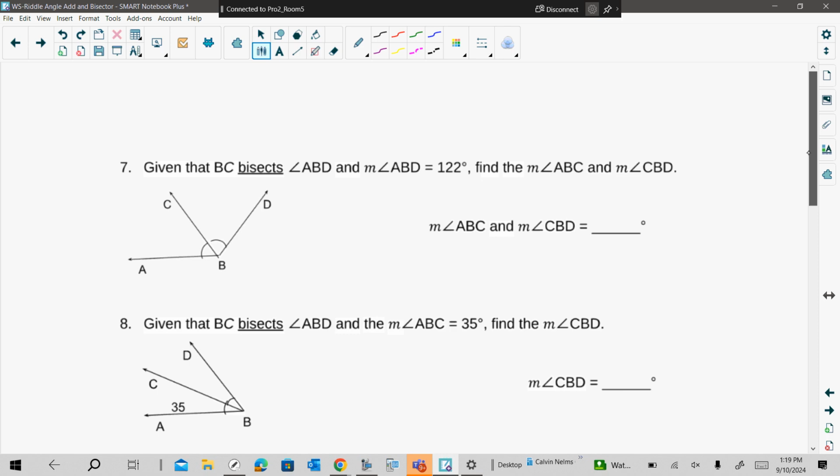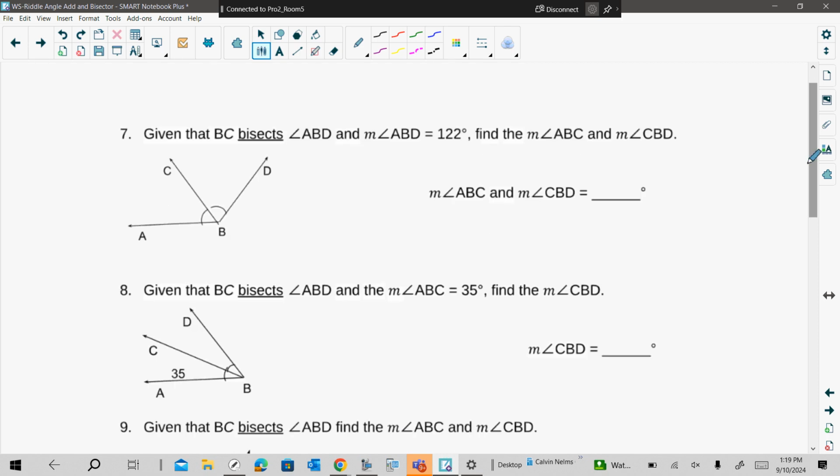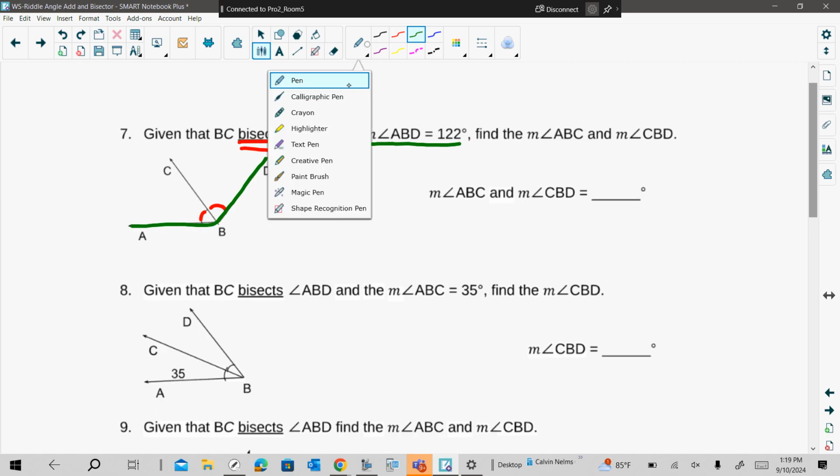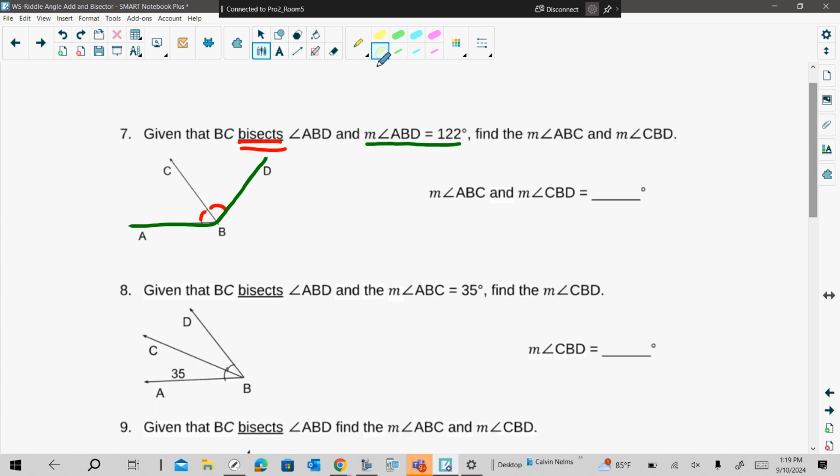There's your little puzzle. Let's look at number 7. On number 7, the keyword is bisects. And look, they've already marked your angles for you. They put the arcs there. But label the given angles. They said ABD. If I look at that angle, that angle is representing the whole angle.